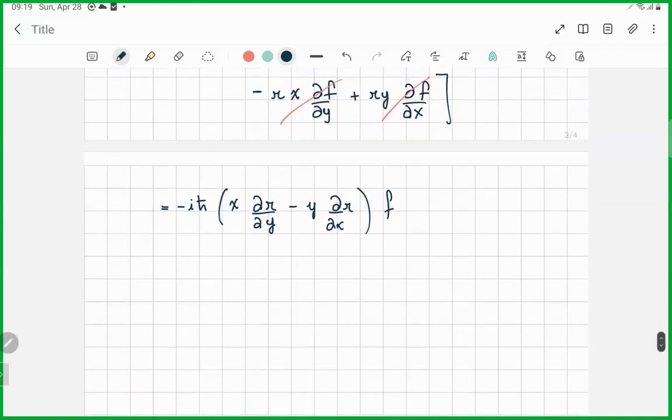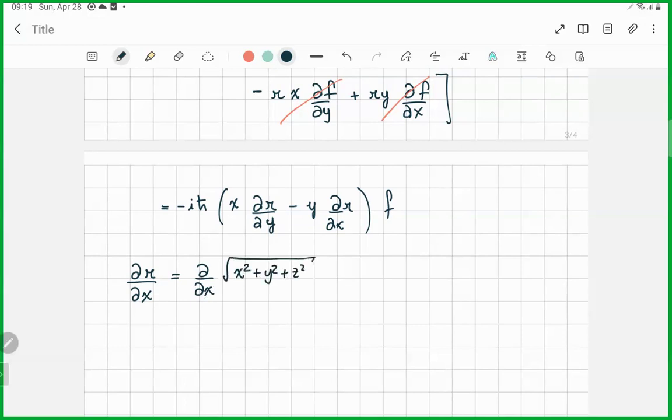All right, now, if you go on and check what is this derivative of x and y. Well, let's start with the x. What is r? It is what we wrote above. So what we are doing here is this derivative of the square root of x squared plus y squared plus z squared. And if you do this derivative, what are you going to get? Well, 1 over 2.